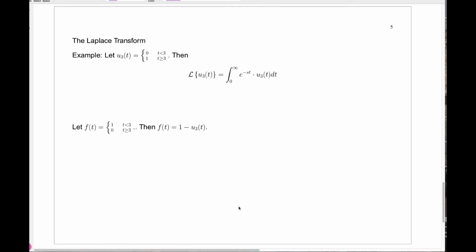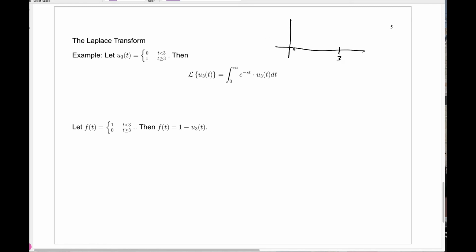I want to talk about a couple more examples where you'll start to see how we can do more fun things with the Laplace transform. Let's look at this function u sub 3 of t, and we're going to be talking about these in section 6.3 quite a bit. This is a standard step function, whose graph looks like the following. We want u sub 3 of t to be defined to be 0 if t is less than 3.